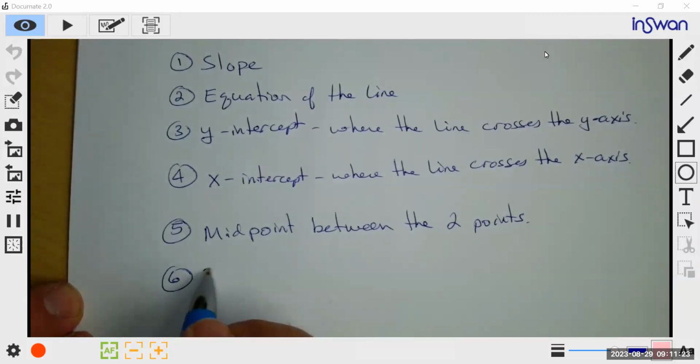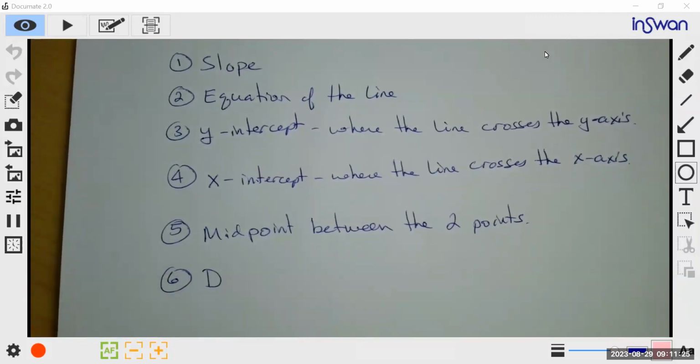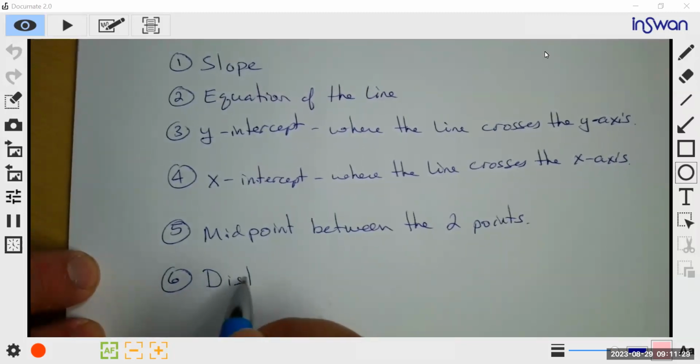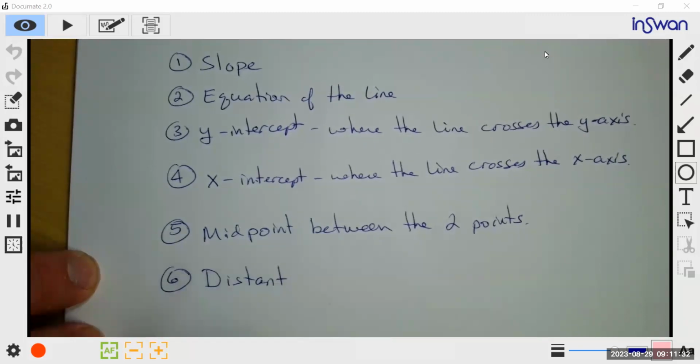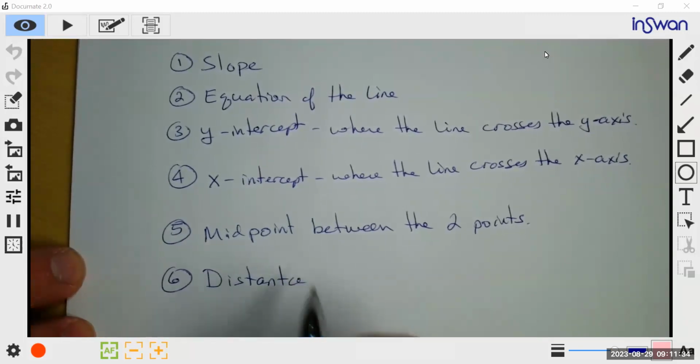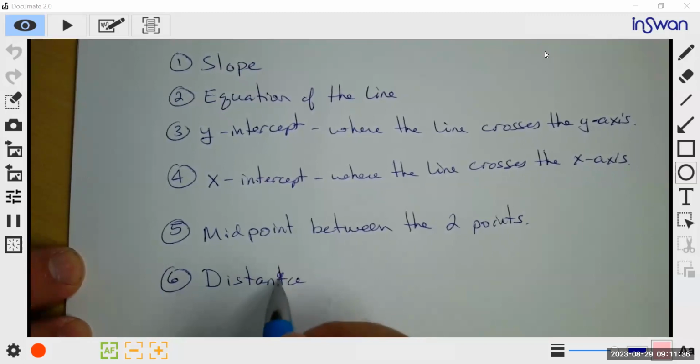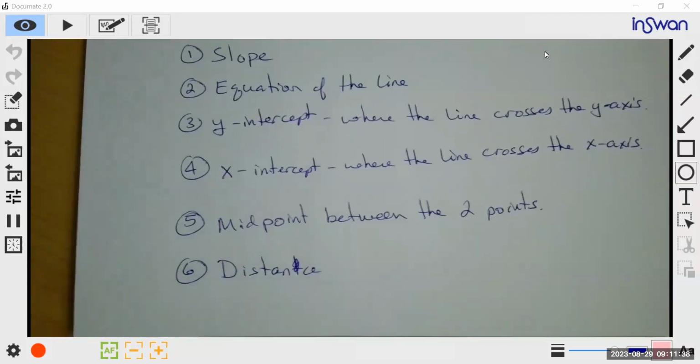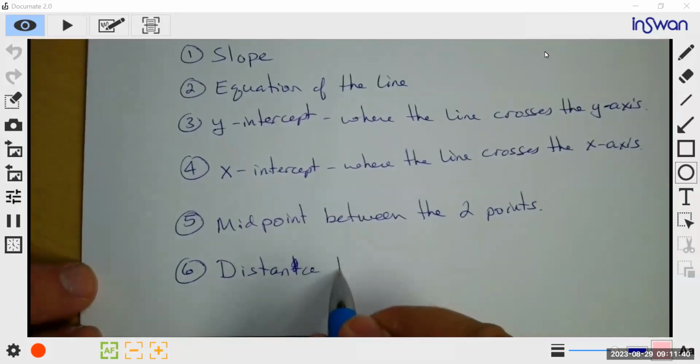Starts with a D. Ends with instant. The distance between the 2 points.